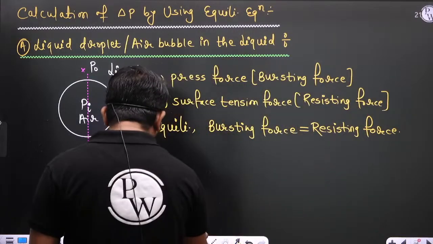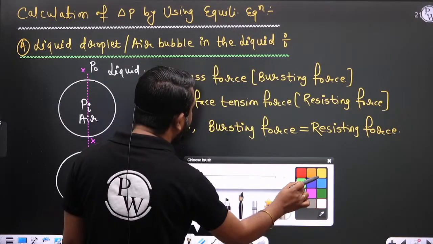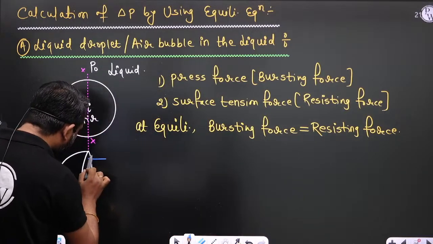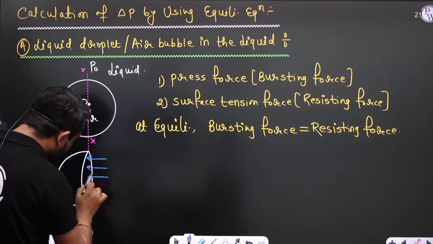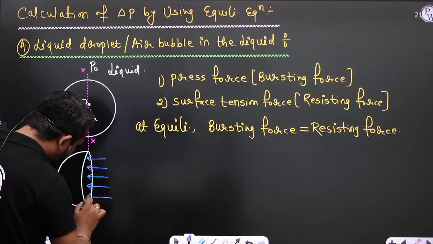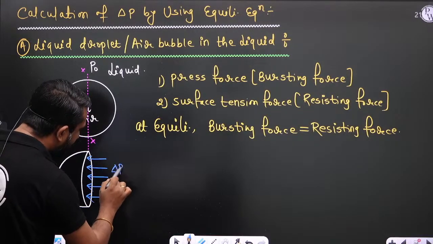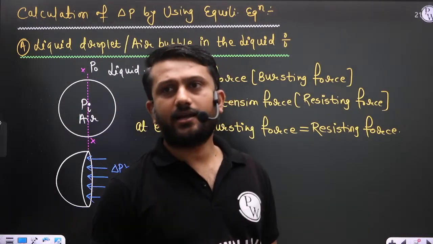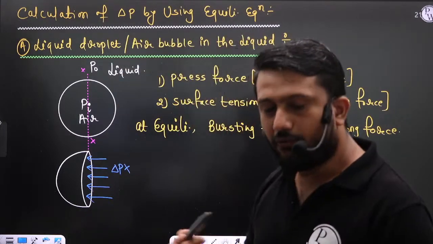And if you want to see the bursting force, we can write this is delta P multiplied by the projected area of this sphere. And what is the projected area?